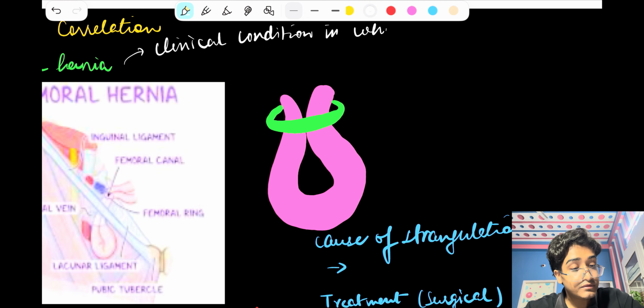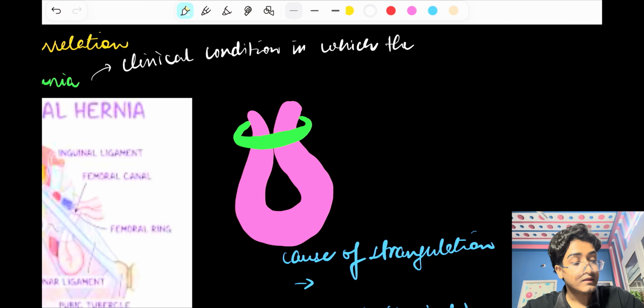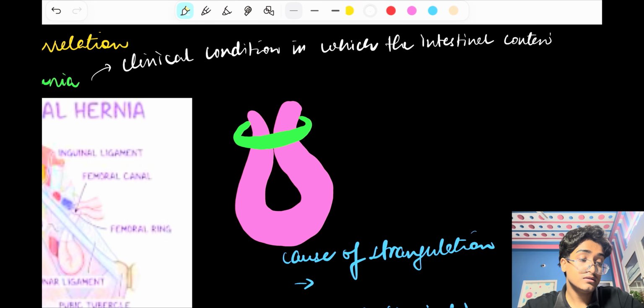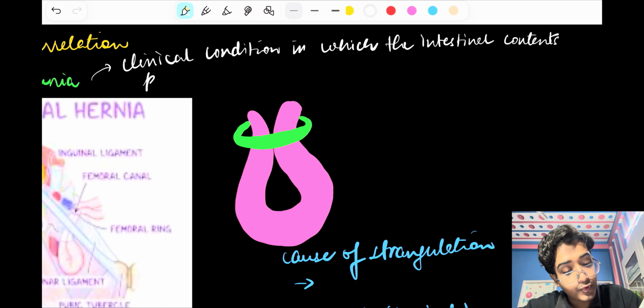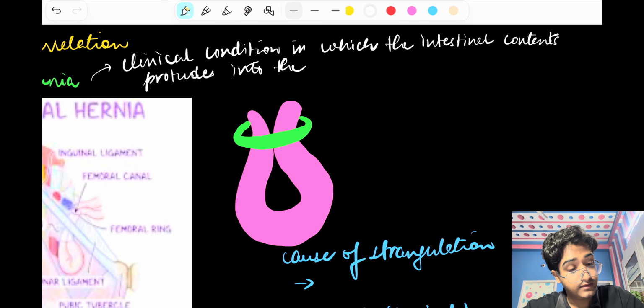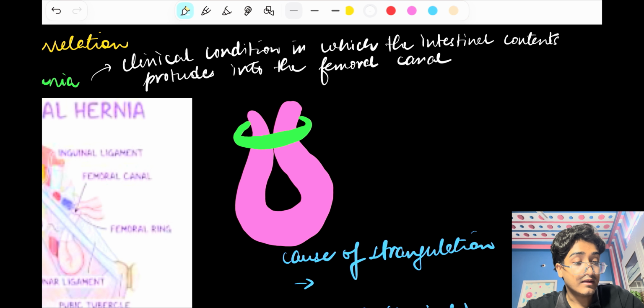It's a clinical condition in which the intestinal contents protrude into the femoral canal via the femoral ring.